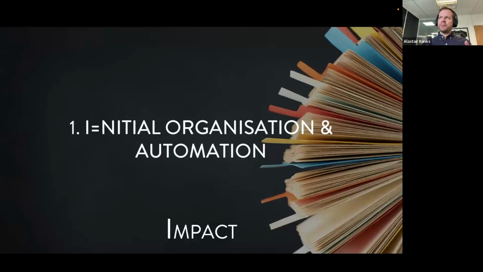What I want to try and get across here is that there are tools out there that will help you to organize yourself and to automate certain information coming to you rather than you having to go out and find it.